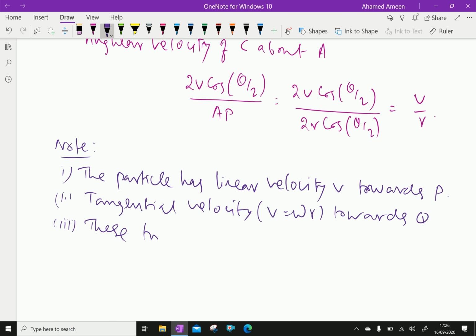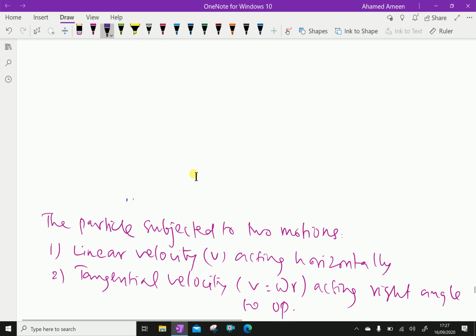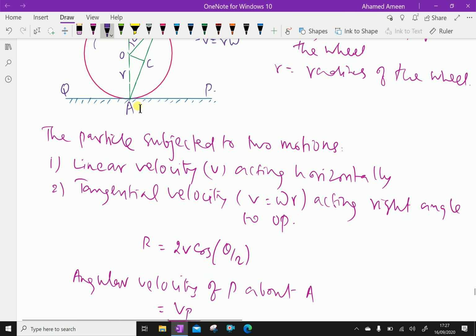That means the point A is momentarily at rest, because the velocities towards point P and towards point Q are equal and opposite.